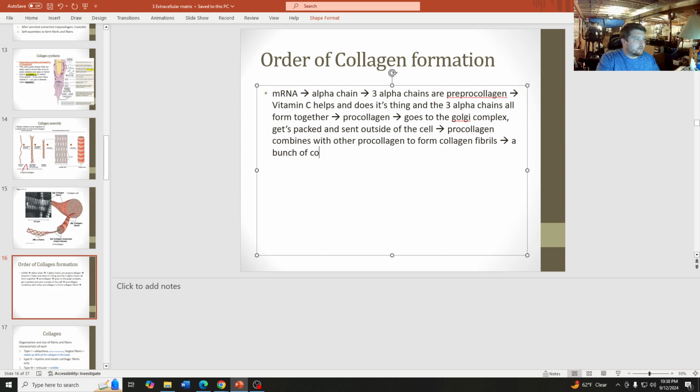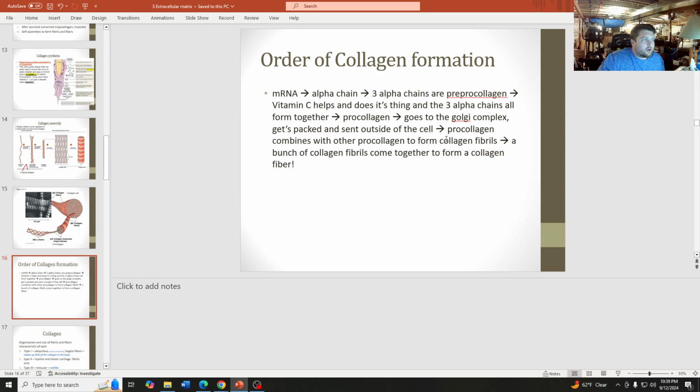A bunch of collagen fibrils come together to form a collagen fiber. That's kind of the whole thing laid out, what you need to know.